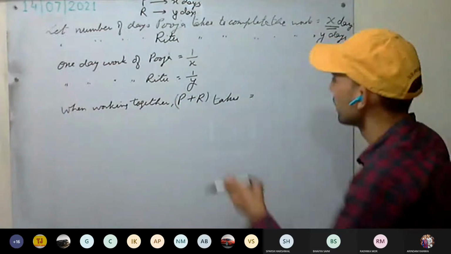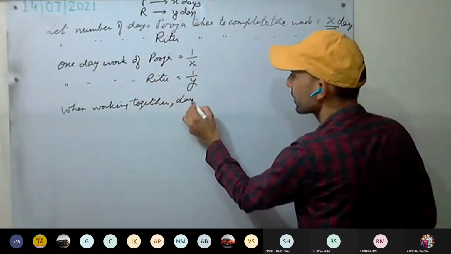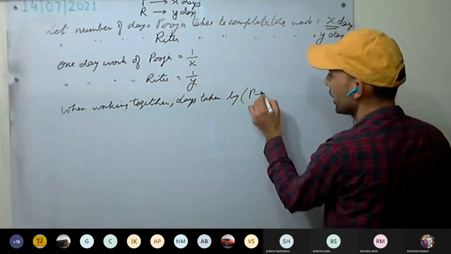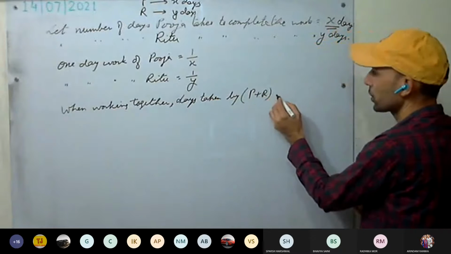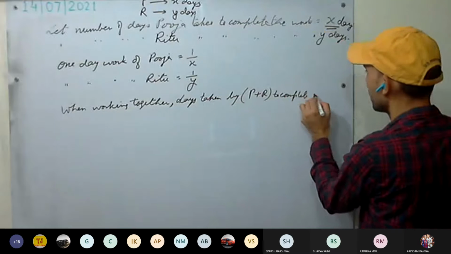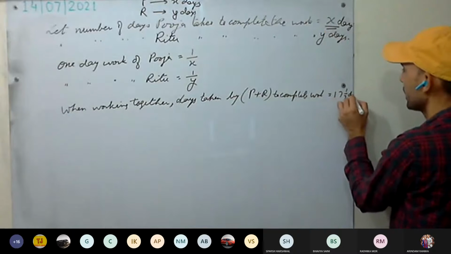Right, here when working together, the days taken by Pooja and Ritu to complete the work is equal to 17 1 by 7 days.